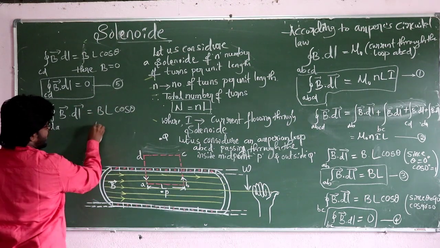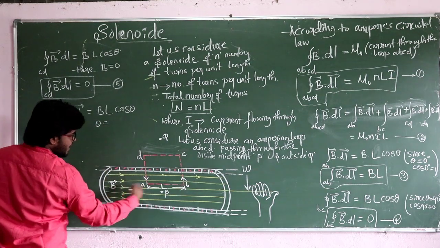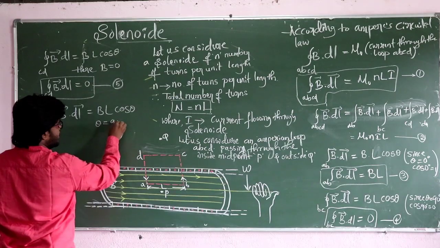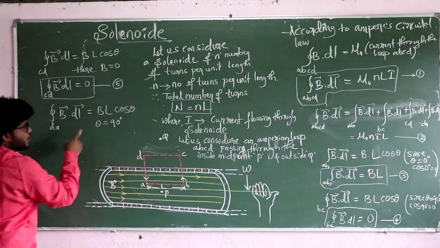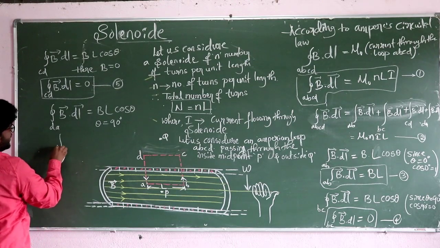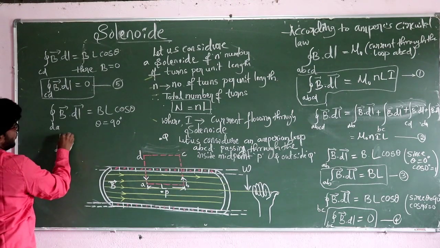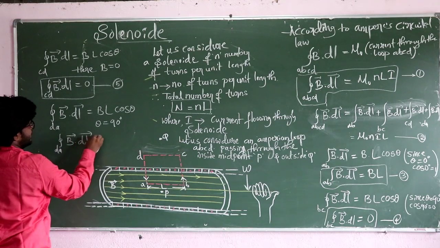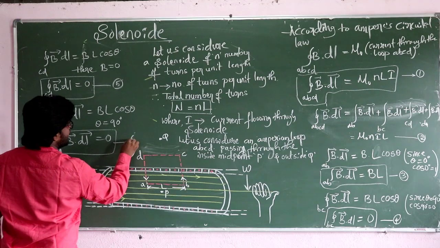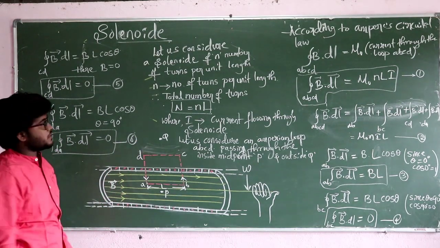Integration of DA of B into DL is equal to B L cos theta. Here also theta is 90 degree, this is B and this is the length. Cos 90 is 0, so integration of DA into BDL is equal to 0. Equation number 6.